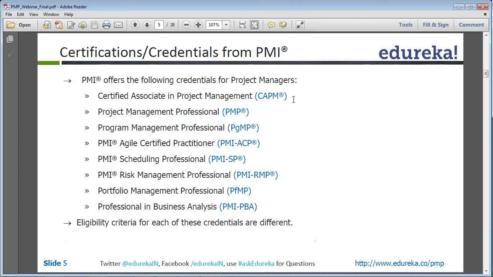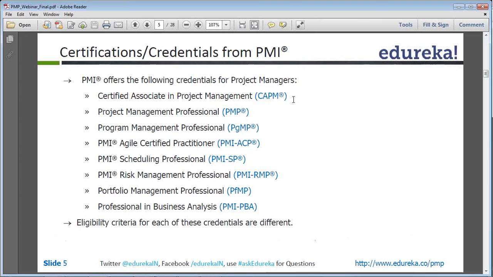Then we have Agile Certified Practitioner, which is PMI-ACP. We have PMI-SP, which is Scheduling Professional. We have PMI-RMP, which is Risk Management Professional. PfMP, which started this year, is Portfolio Management Professional. And very recently we have a new examination, Professional in Business Analysis, which is PMI-PBA.